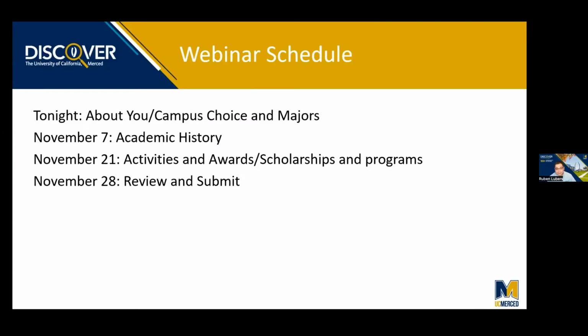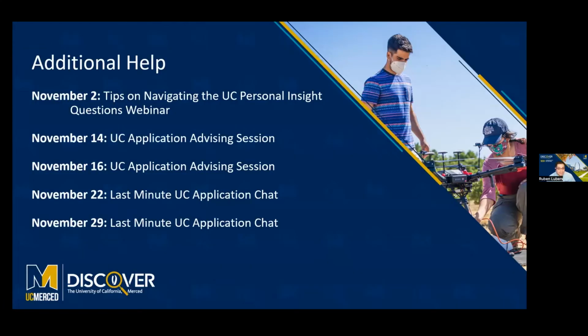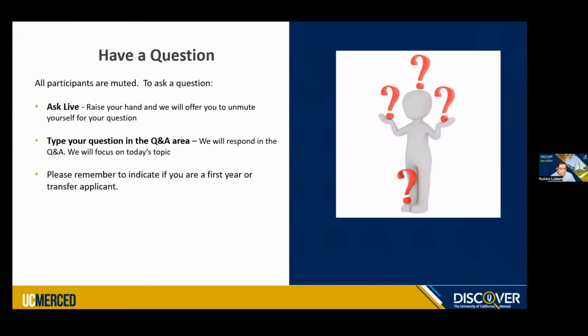It shows the webinar schedule for these types of webinars. Tonight, again, we're answering questions on the About You, Campus Choice, and Majors, and then throughout the month of November, other webinars that we're hosting at Merced will be flashing through as well. You can go to our events page online to sign up for those events if you haven't seen them already.